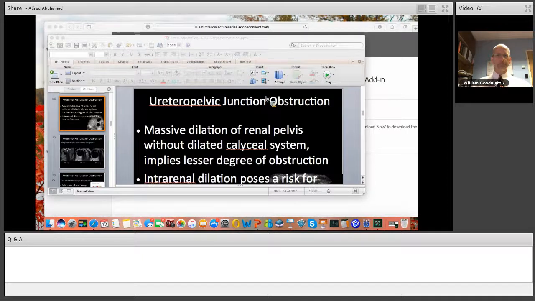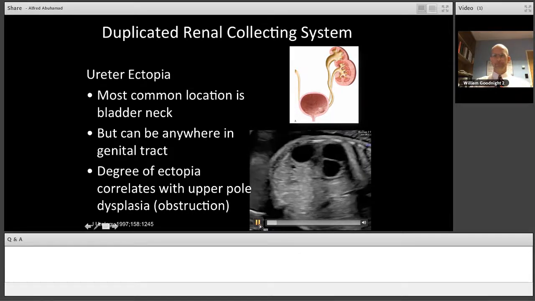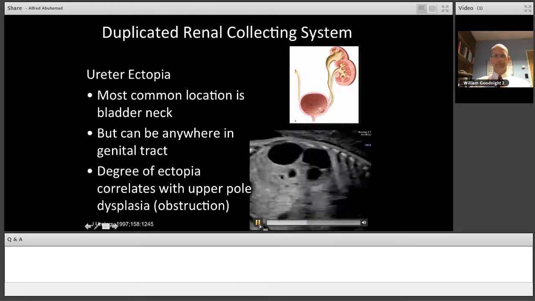So what you see then, the most common location, as I mentioned, is the bladder neck, but it can be anywhere in the genital tract. This is where the ureteral ectopia is. And then there is an association, and this is important, between the presence of dysplasia and the more ectopic the ureter is.